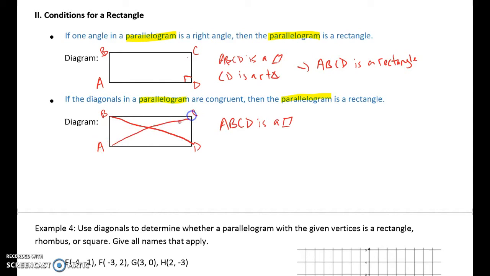So again, these conditions for rectangles and rhombuses deal with the things that are specific or unique to just your rectangles and rhombuses. So if I know ABCD is a parallelogram, that's check 1, and I know the diagonals are congruent, that means AC is congruent to BD, then ABCD has to be a rectangle.